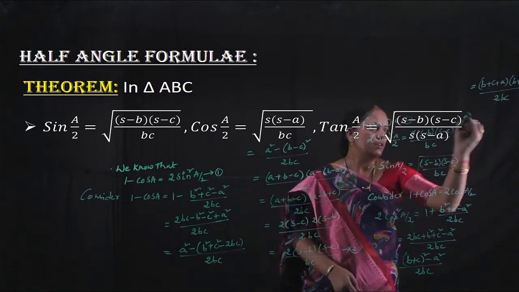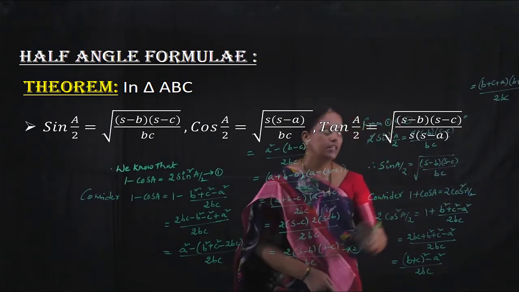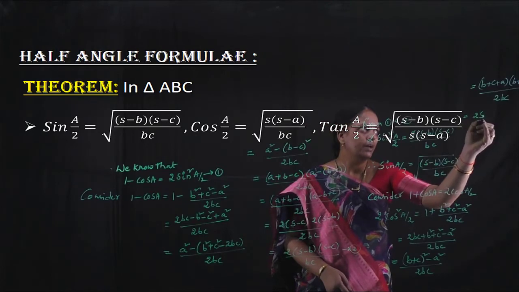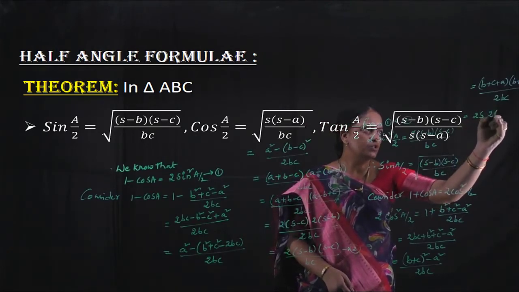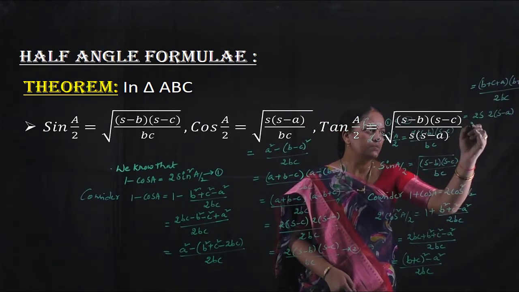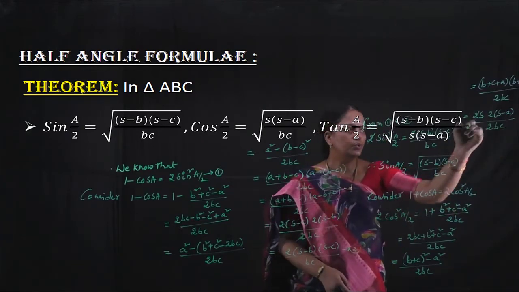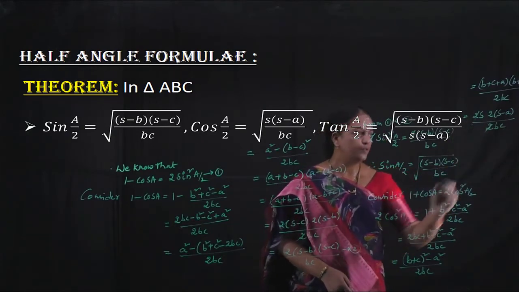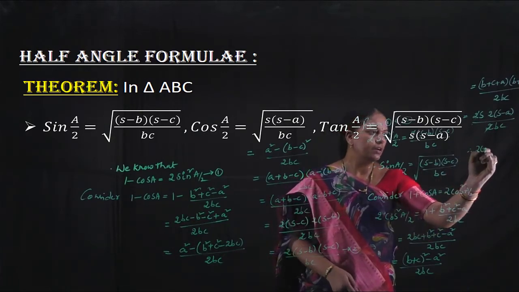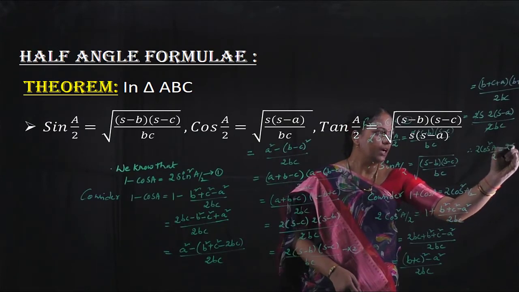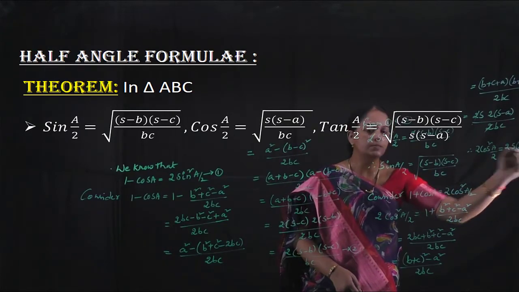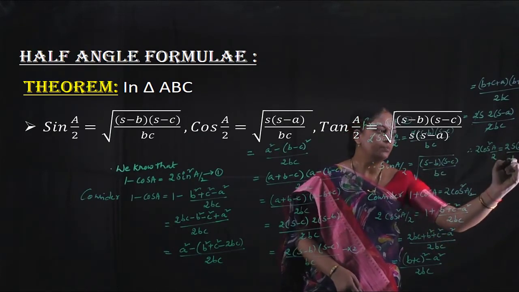So, it is equal to: a plus b plus c means 2s, and b plus c minus a means 2(s minus a), by 2bc. Here 2 gets cancelled. Therefore, 2 cos square A/2 is equal to 2 times s(s minus a) by bc.